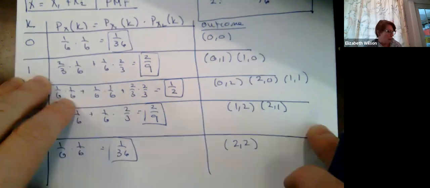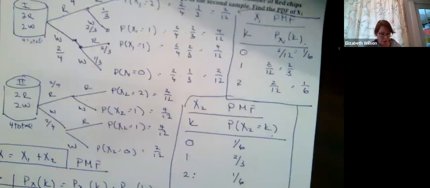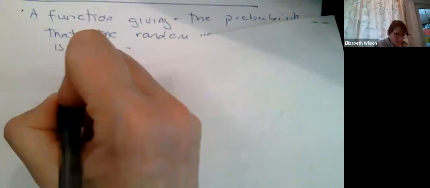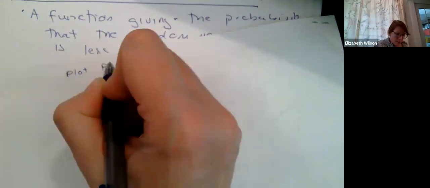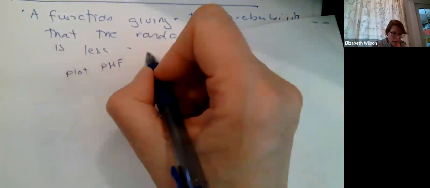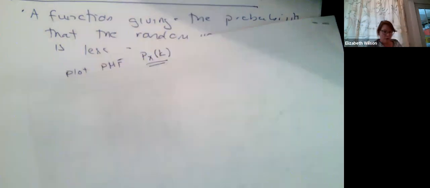All right, so the next thing that we want to do is plot that PMF. Plot our probability mass, so the probability that x is equal to k. I'm taking all those individual values on the PMF that we've just created.